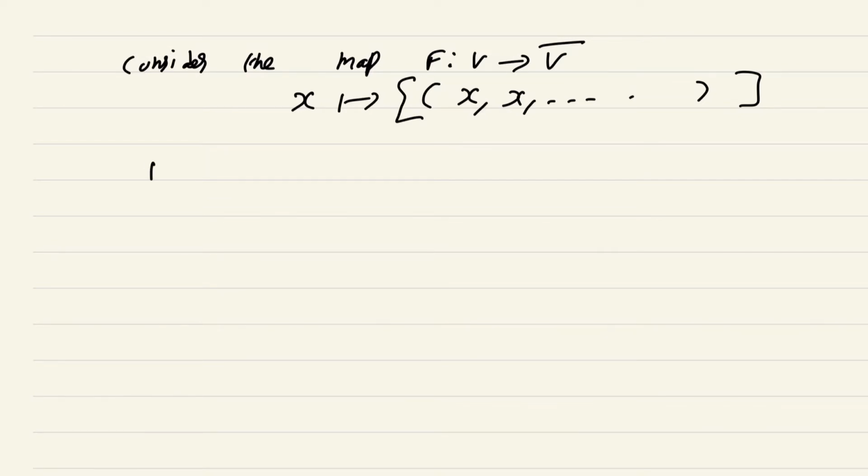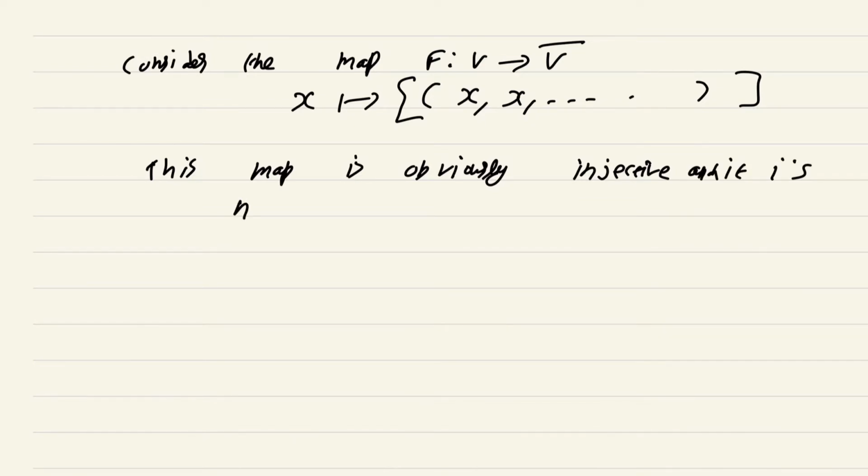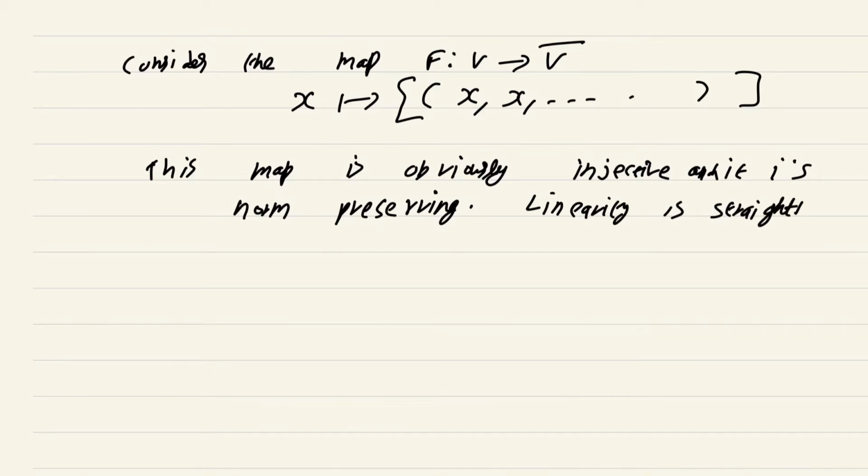Now this map is obviously injective, and it is equally obvious that it is norm preserving. That is, the norm of x is the same as the norm of [x], which is obvious. Linearity is also straightforward. I want you to do it. It's just a 30-second check.